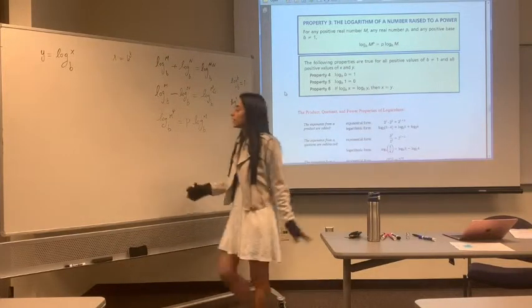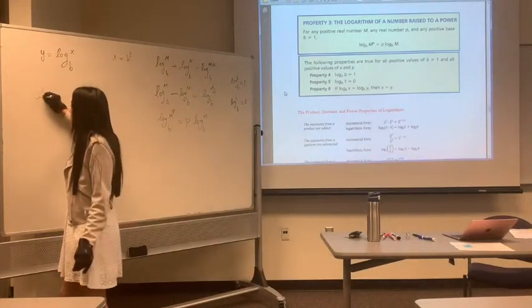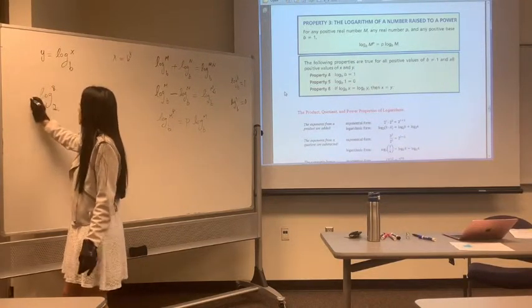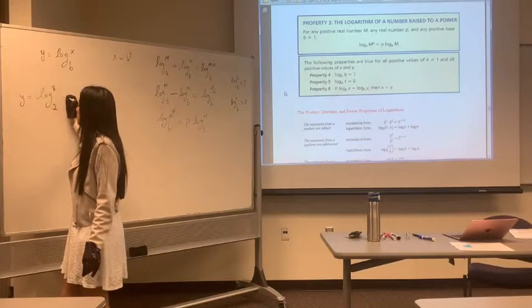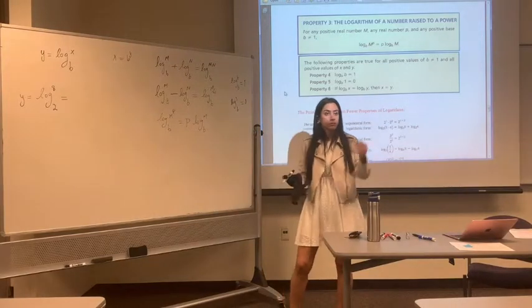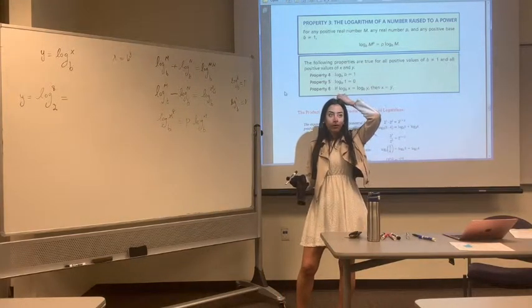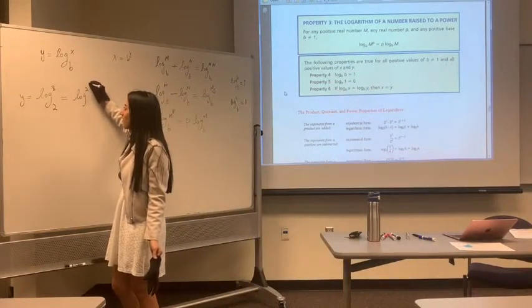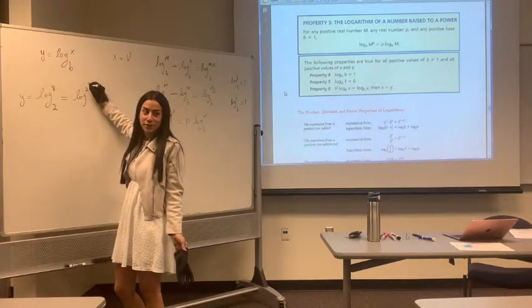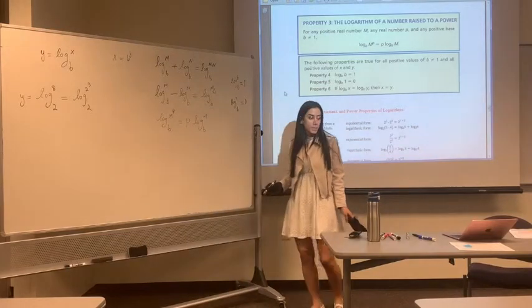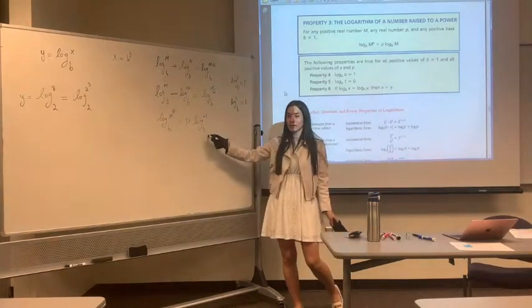Okay, so now an example. We have log of 8 base 2. We want to see what the answer is. Three, yes? But now look at this. We can write log of 2 to the power 3, because 8 is 2 to the power 3, right? And the base is 2, correct? And then we use this rule.